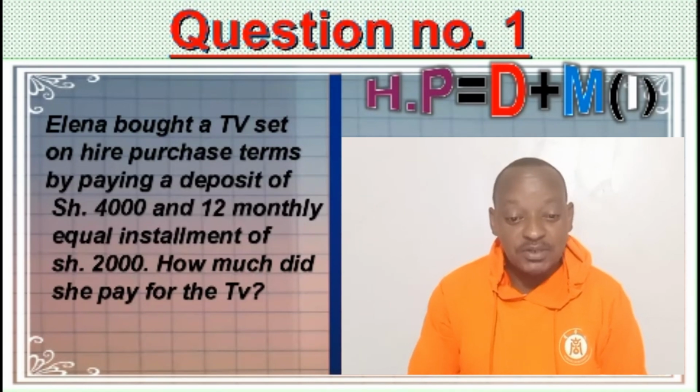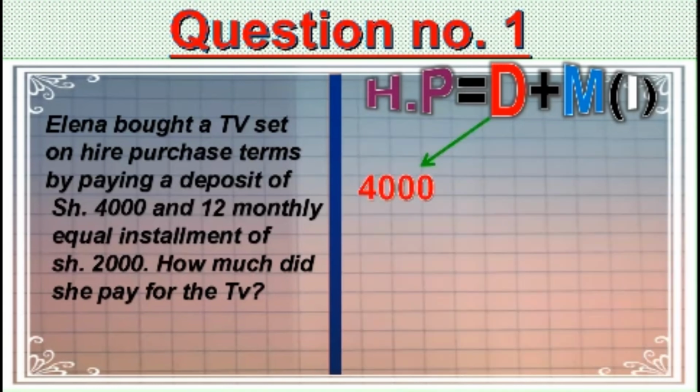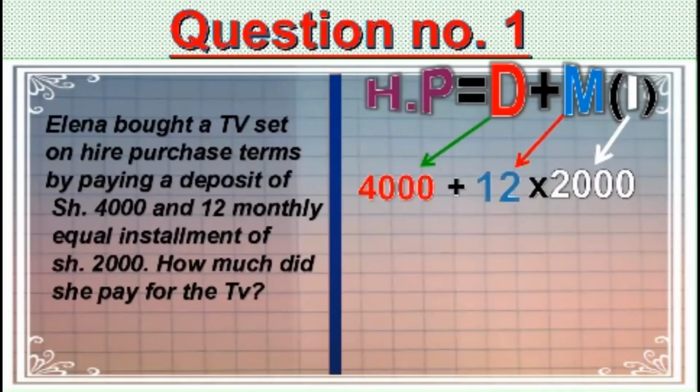So here the deposit is 4,000, and then we say plus the monthly installment. The monthly installment here is 12 months, and each month she was paying 2,000. So we say 12 times 2,000.